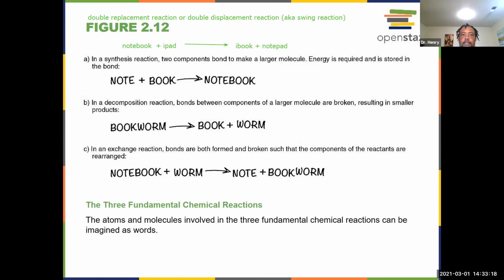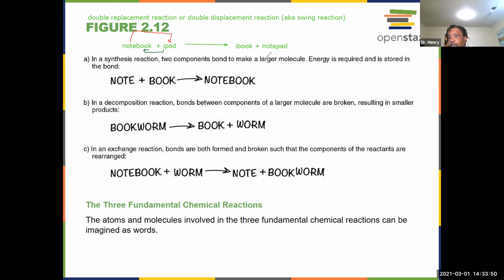In this case, note is hooking up with pad, and i is hooking up with book. So they're switching partners: swingers reaction.